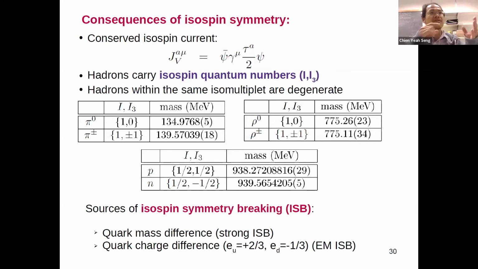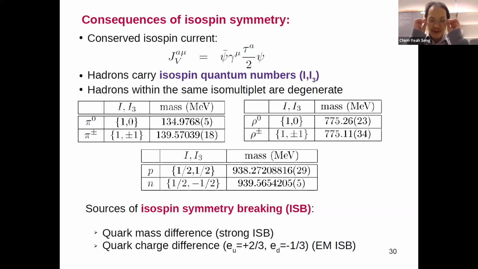As you can remember, rotational symmetry leads to the concept of spin, with rotational quantum numbers J and J3, or J and M_J. For any state, for instance a proton state, you can have a spin up proton and a spin down proton. The two states are of the same mass. It is the same here.